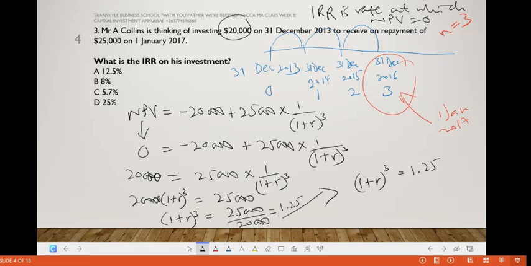Now we have to remove the cube power. All right, so how do we remove the cube power? To remove the cube power, we can multiply these powers by 1 over 3. Remember, 1.25 is to the power 1. All right, there is a 1 here.